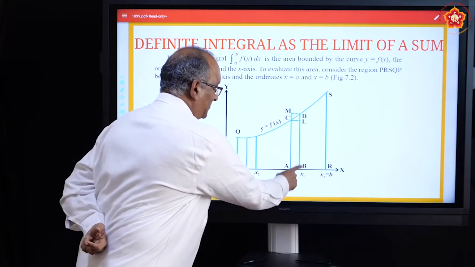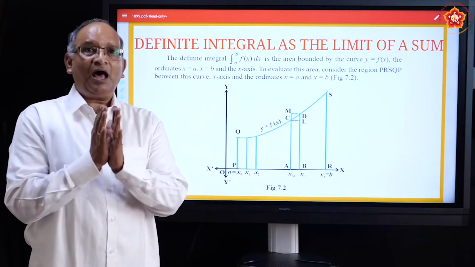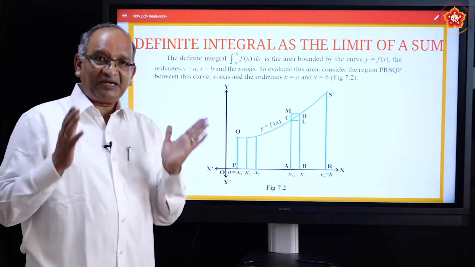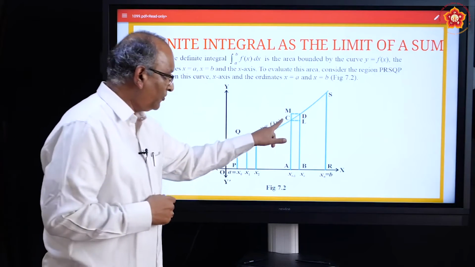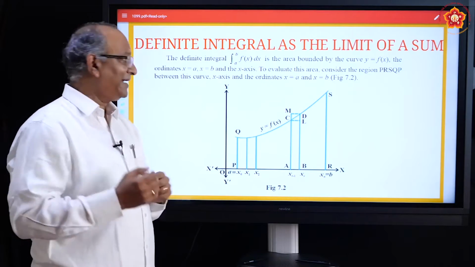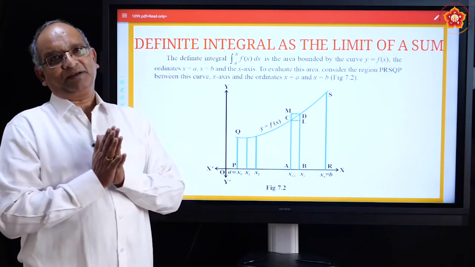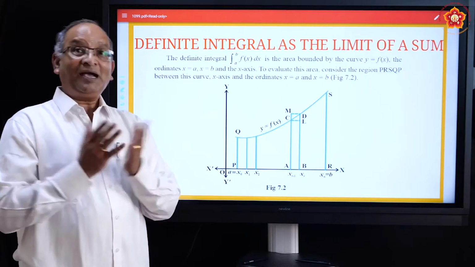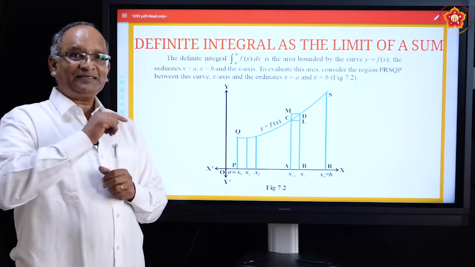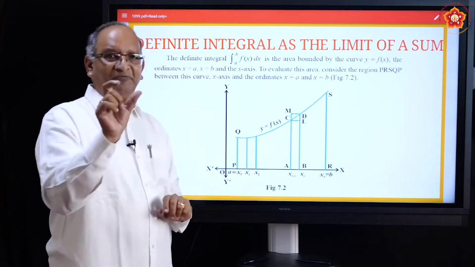Bigger rectangle means A, B, D, M. So the area of the strip A, B, D, C is between the areas of the lower rectangle, that is A, B, L, C, and the greater rectangle A, B, D, M. In between them is that particular area. What is its area? Now for example, the lower rectangle: what is its width? We have taken the width as h, whether it is first or second or third. The width is h only.